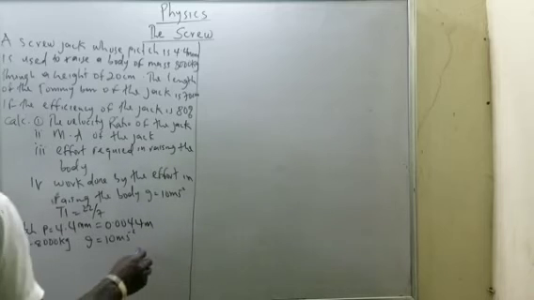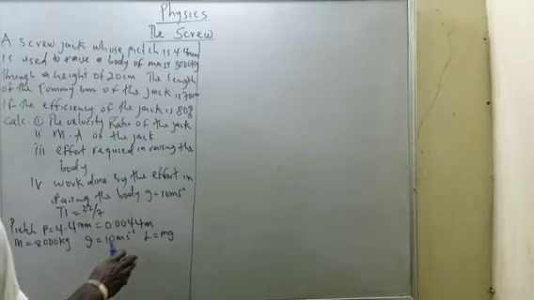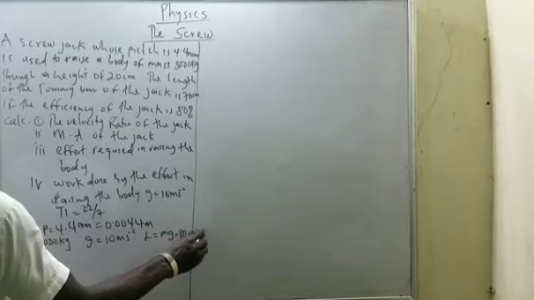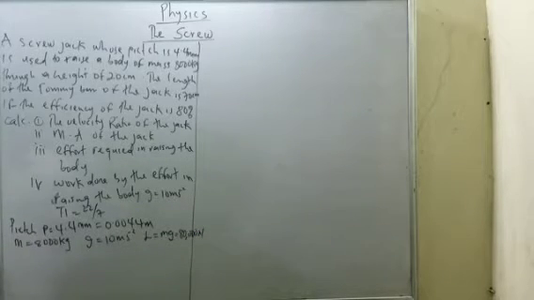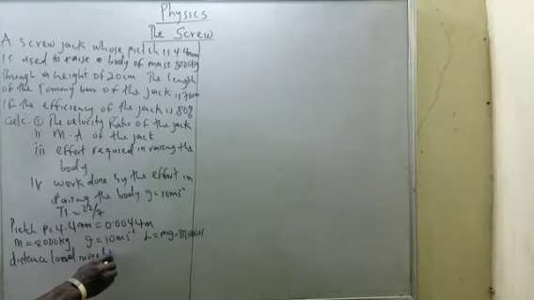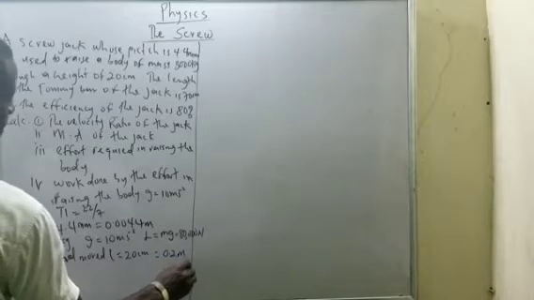My load mg will be 80,000 Newton. Now my distance moved by load, L, equals 20 centimeter, which is the same as 0.2 meter.